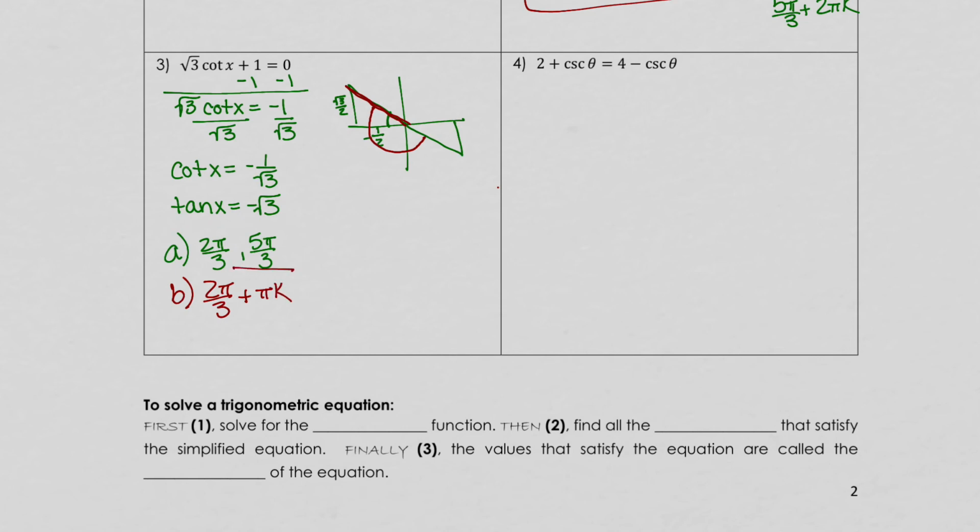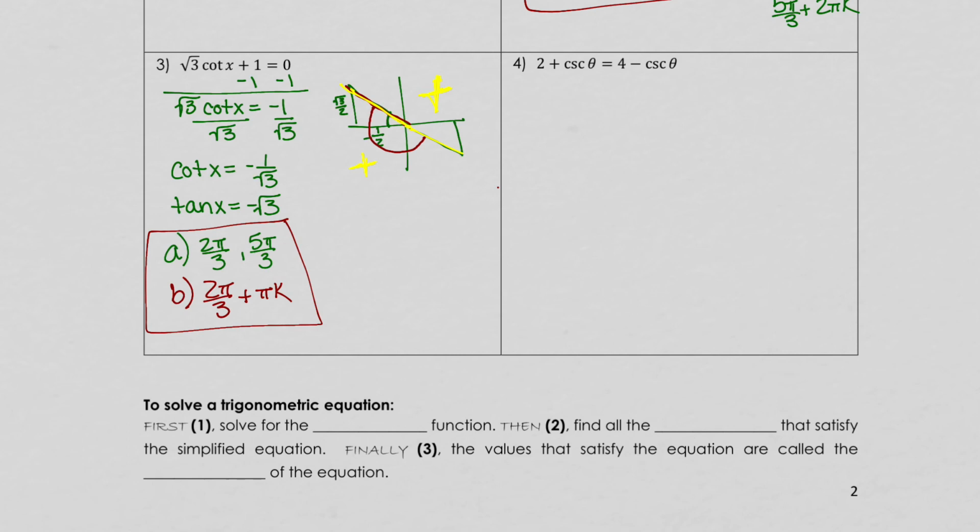Now, the reason that works and we don't have to add the 2 pi is because we know that tangent and cotangent are positive in quadrants 1 and 3. So if I just add pi, it puts me in the other quadrant. And they're negative in quadrant 2 and 4. And again, adding pi just gets you to the other quadrant.